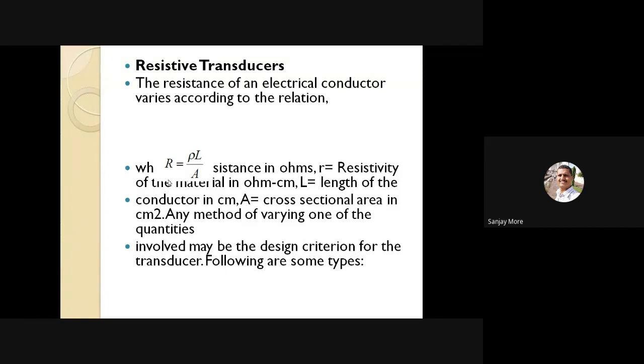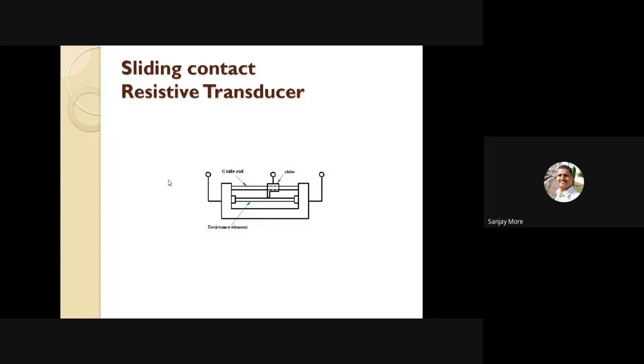In this method, the design criteria for the transducers involve some types. See the diagram only. These are the electrical transducers. So the first one is the sliding contact resistive transducer.